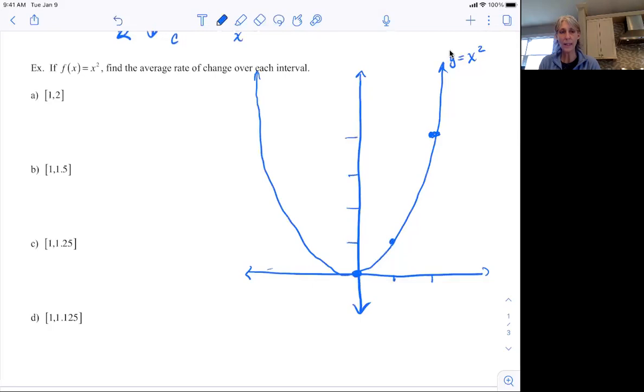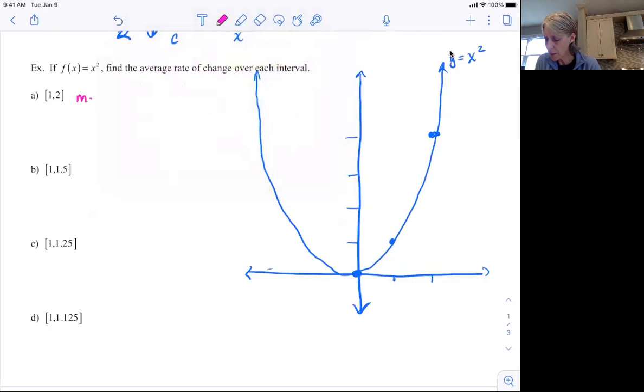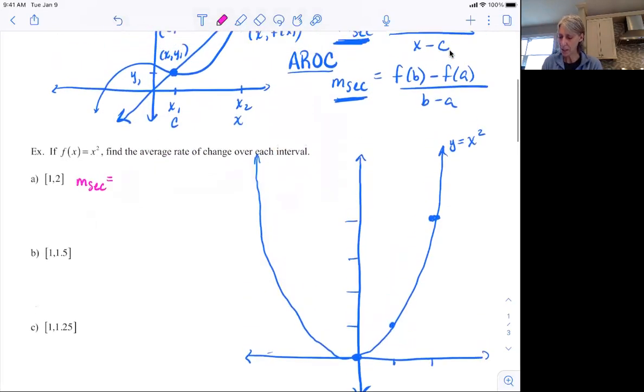Basically, if I want to find the average rate of change on the interval 1, 2, I'm looking to find the slope of the secant line. So in this interval, this is my a and this is my b, or my c and my x.